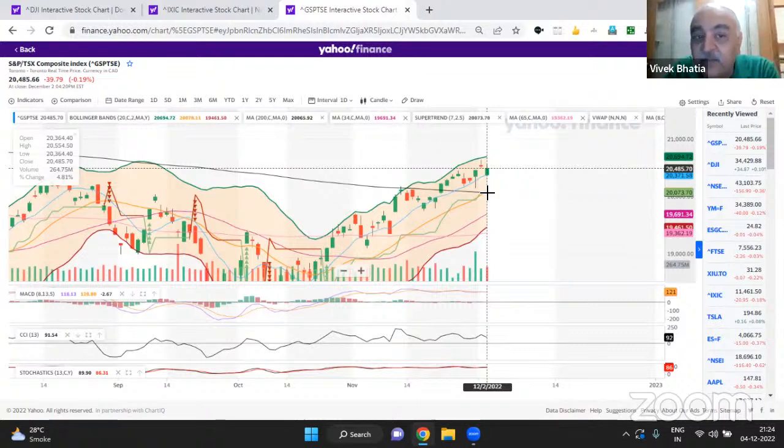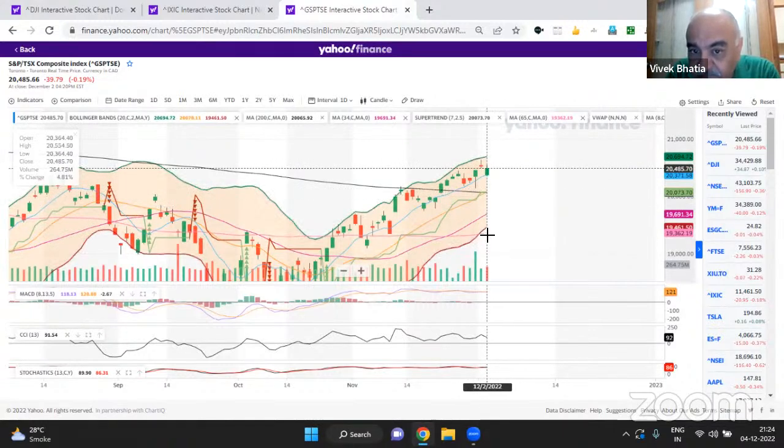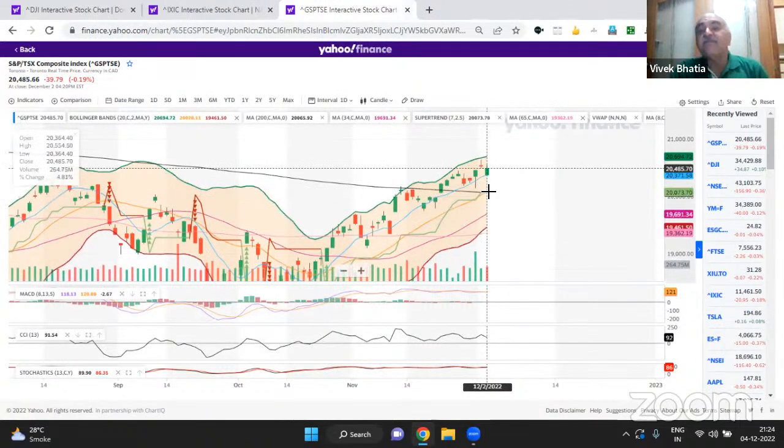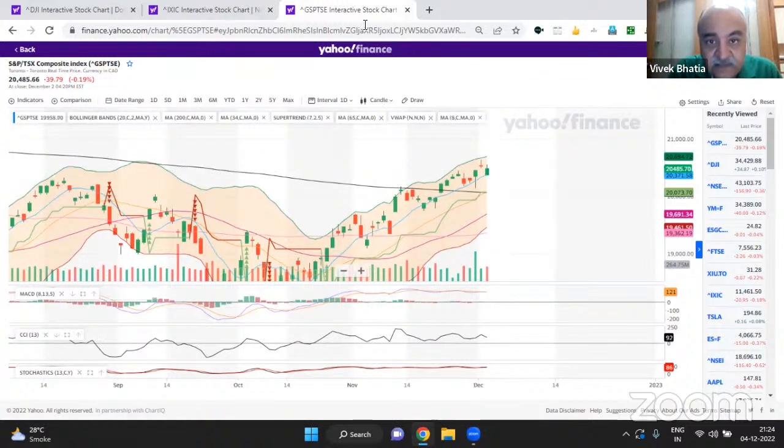Ideally, 50 and 200 is a golden crossover, but 20 and 200 is also considered to be a strong crossover. 34 climbing up, 65 right at the bottom, but all climbing up. So day charts again look very, very lucrative. Clear?